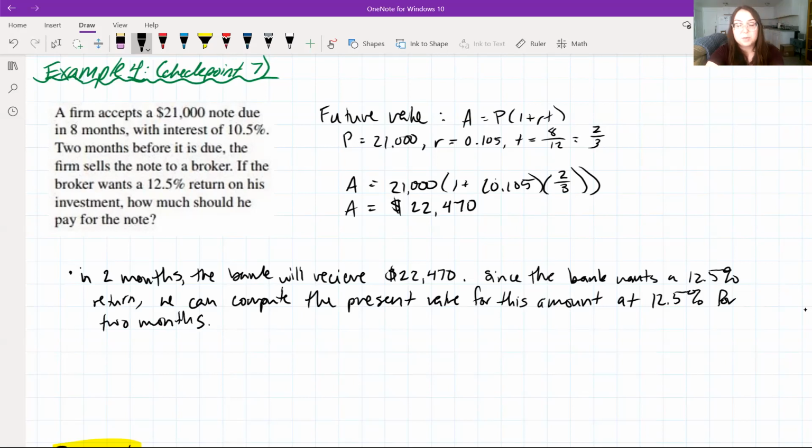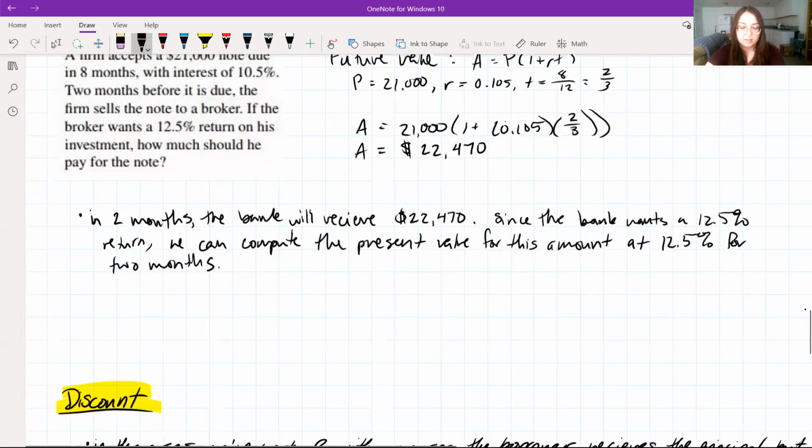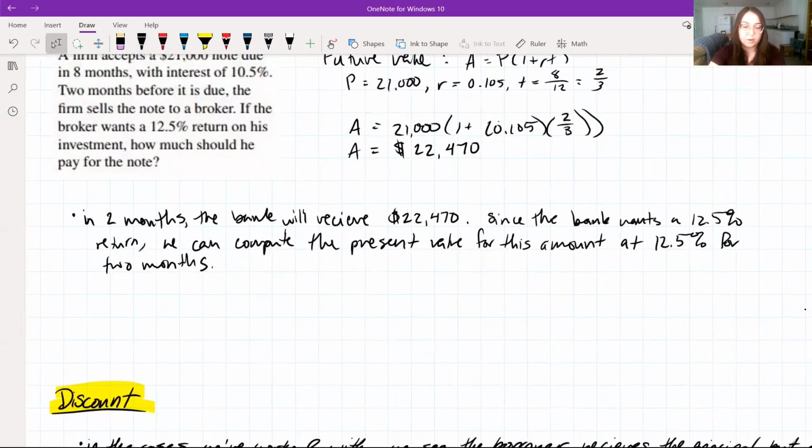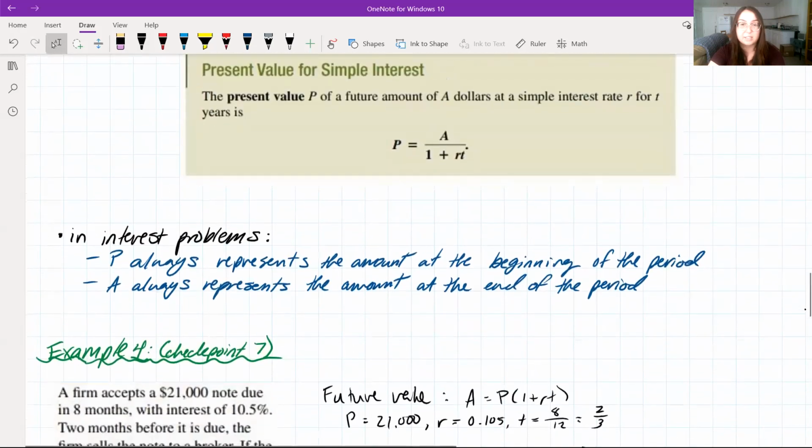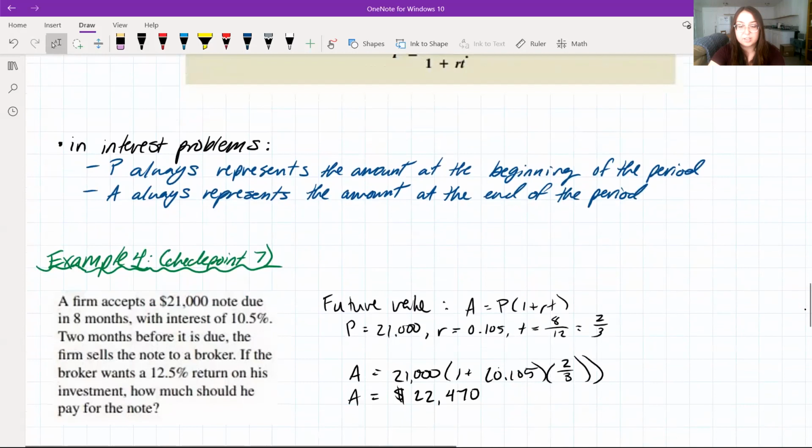So now essentially what we're doing is calculating the present value to see what our loan is going to be worth after 2 months at 12.5% return. So we'll use our equation of present value, which was P is equal to A divided by 1 plus RT.